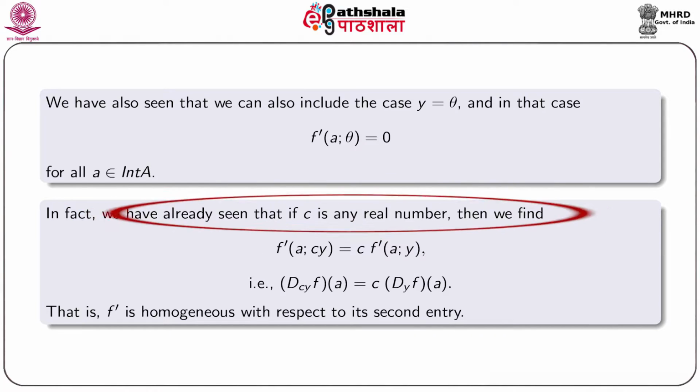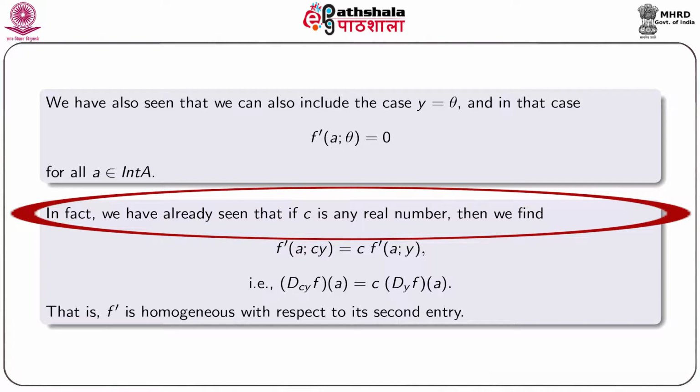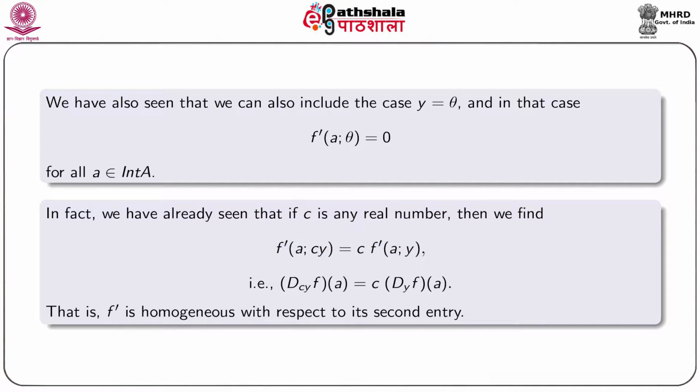In fact, we have already seen that for any real number c, f'(a, cy) equals c f'(a, y) provided they exist, that is, D_cy f(a) equals c times D_y f(a). If we consider the notation f'(a, y), then we find that f' is homogeneous with respect to its second entry.